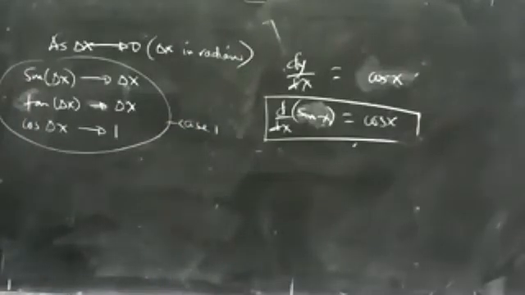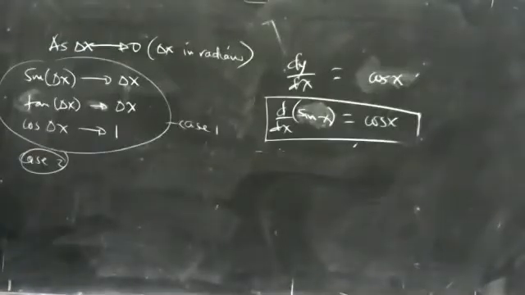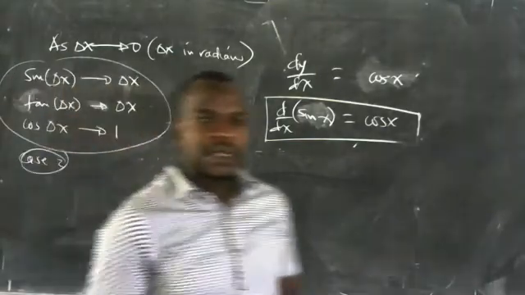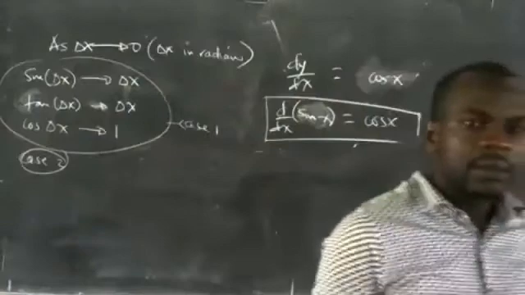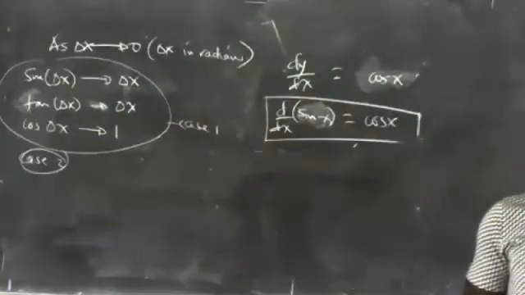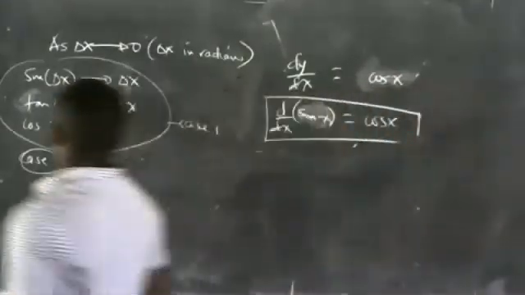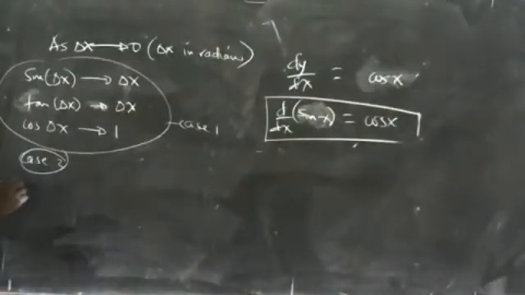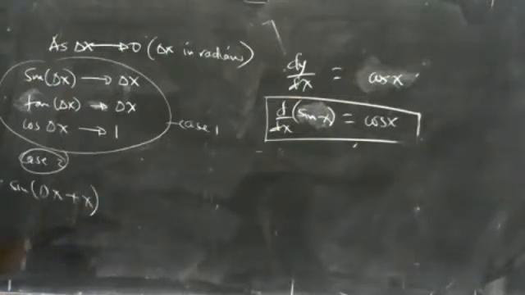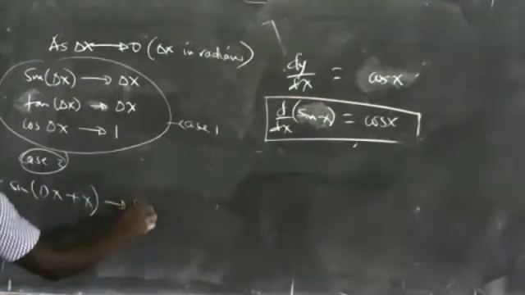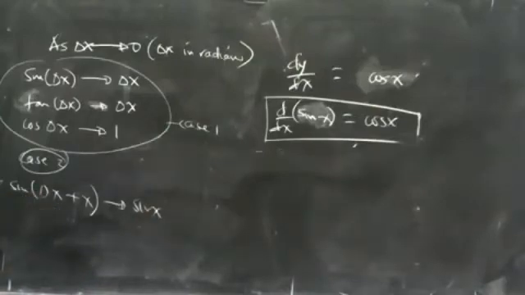Again, I told you, case 2: if you have sine of the angle, maybe plus change in x, here you get sine of x, and you add, but this is changing to 0 now.